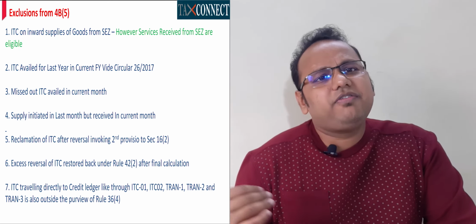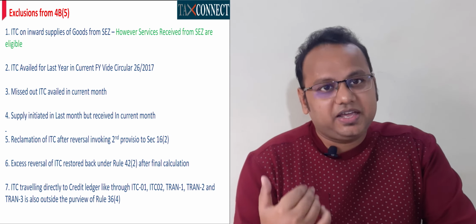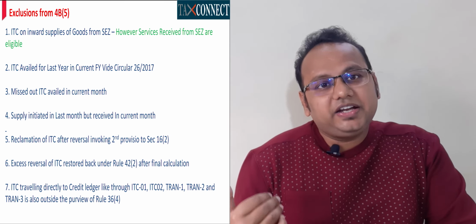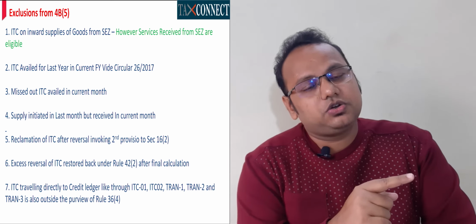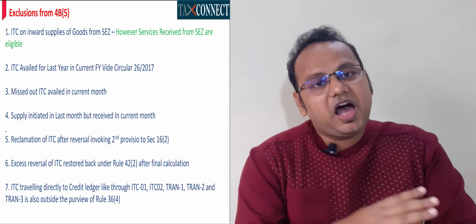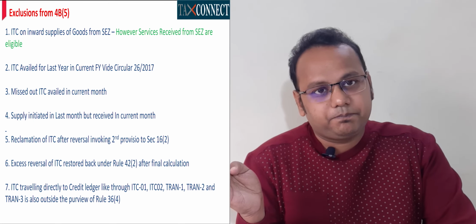However, there can be various points of difference, like for example, the ITC on the goods purchased from SEZ, which you disclosed in 3B in 4B5, however it does not appear in 2A.